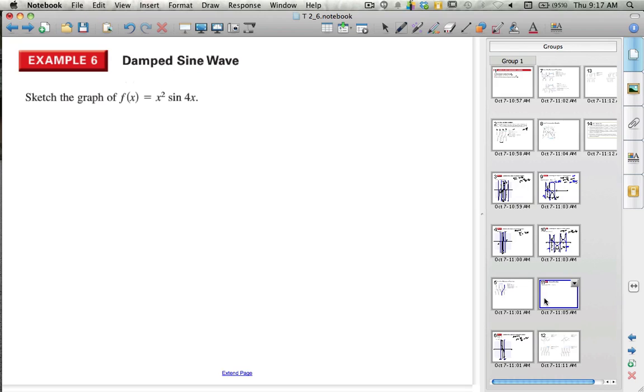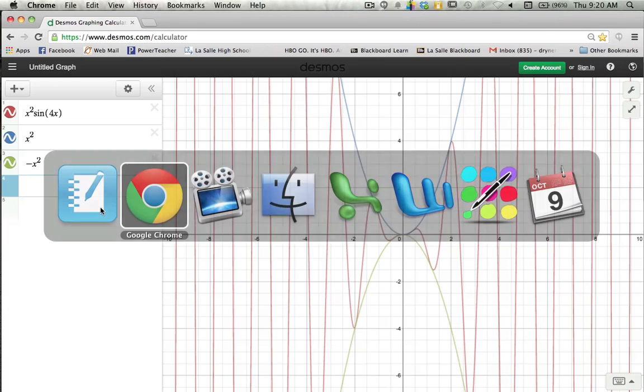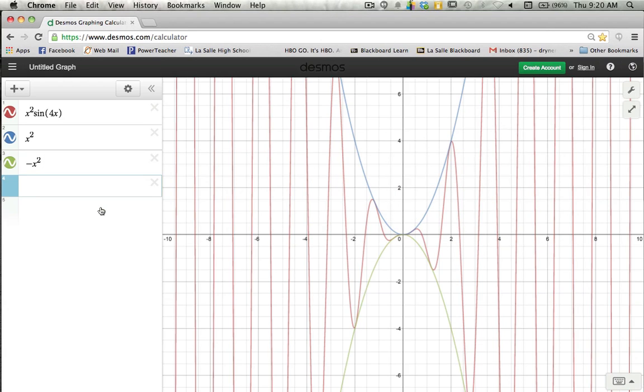Right, so now when we look at damped functions, before I start graphing the damped sine wave, I want to show you what it looks like, and I want to show you its relationship to a couple other graphs. So this is what the graph looks like, and what I've graphed is our damped function, and you see it's the product of a quadratic function and a sine function, two functions being multiplied together.